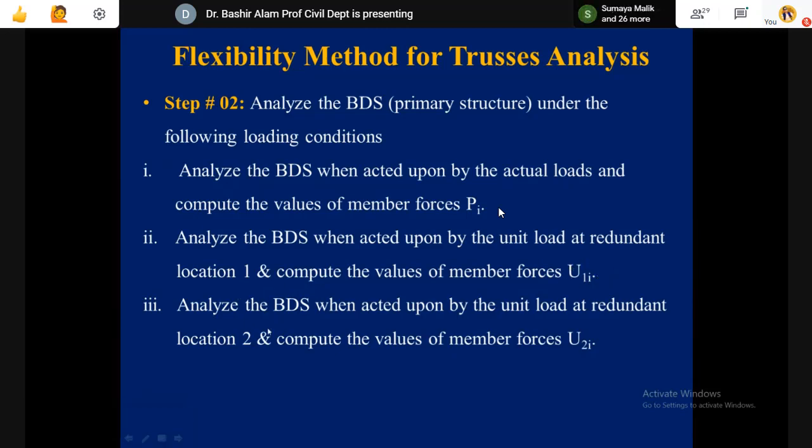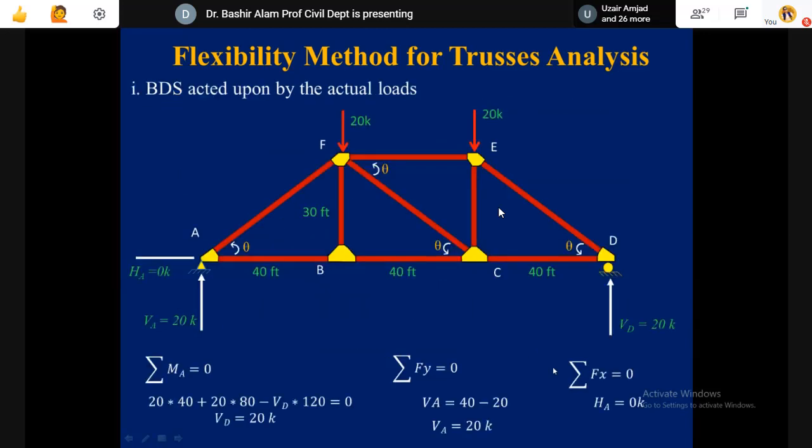And then the same basic determinate structure under the application of the redundant AR2 unit value, and that will give us U2 values. So here we see the same basic determinate structure under the actual loads, 20 kips and 20 kips, you see here.